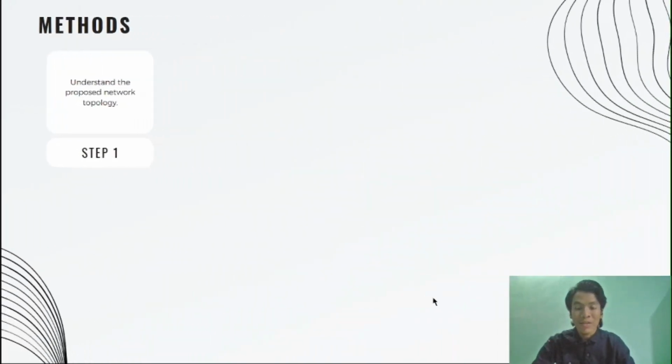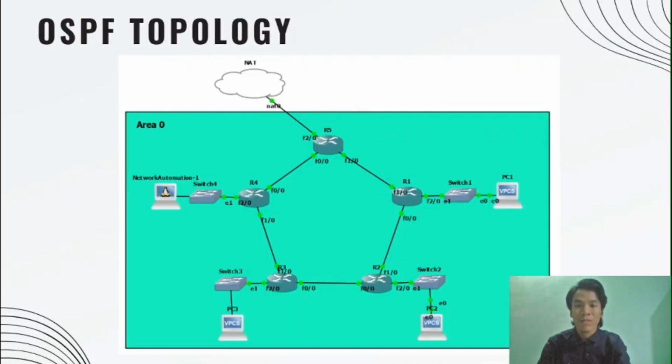Hi, Assalamualaikum. My name is Muhammad Izaki and I will continue the presentation with our project methods. So, for the first step, we must understand the proposed network topology. We have proposed a hierarchical topology for centralized management, scalability, and defined pathways.